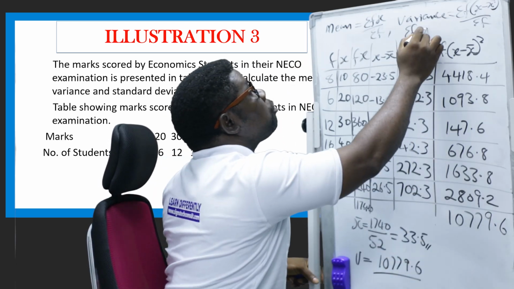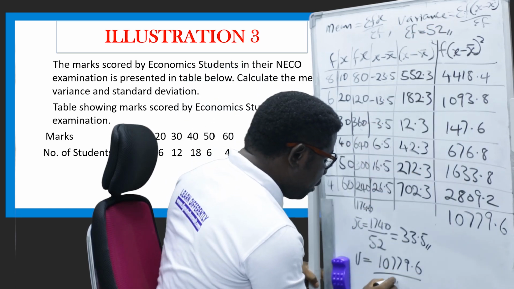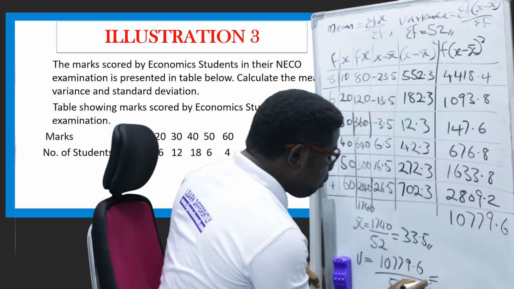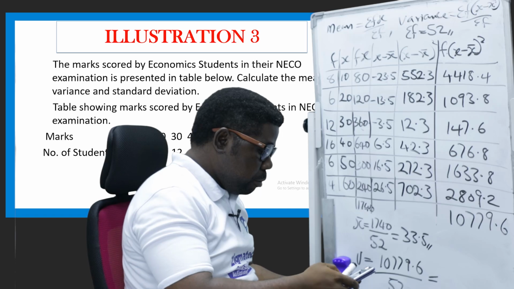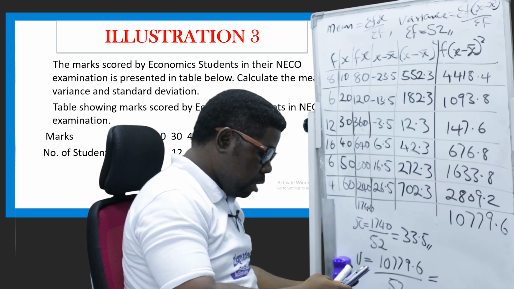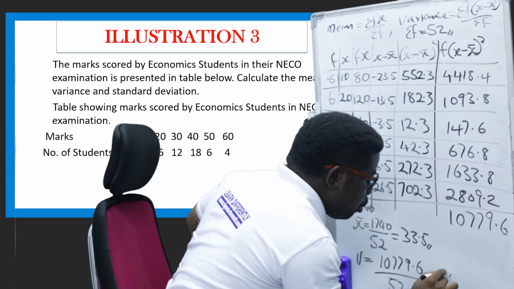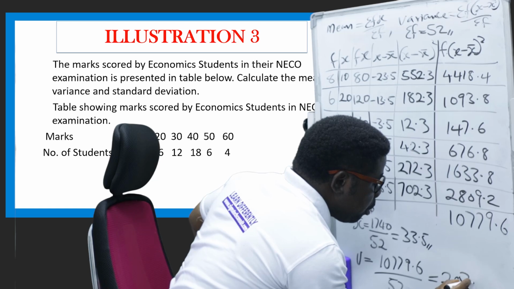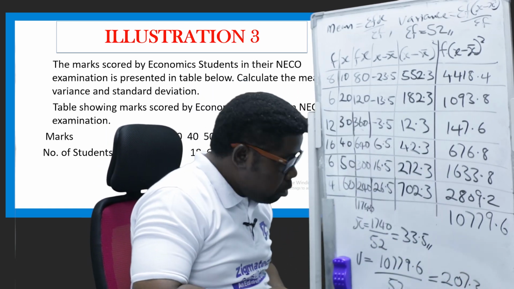Our summation f is equal to 52. So we put it here over 52. What will be our variance? Divide this figure by 52. Our answer will be 207.3. This should be our answer for our variance.